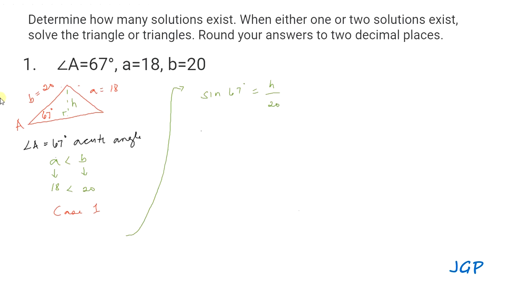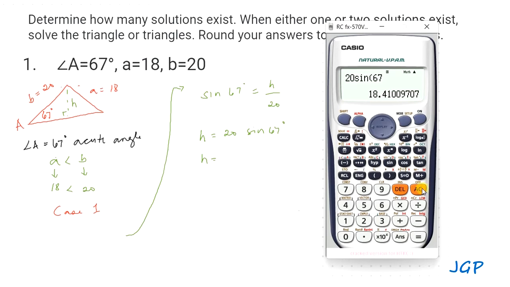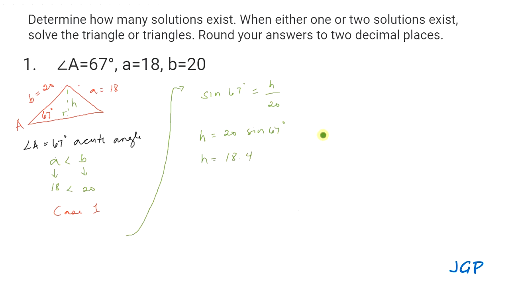And finding the h, we have now h is equal to 20 times sine 67 degrees. Let's use our calculator again. Make sure your calculator is in degree mode. So, 20 sine 67 is equal to 18.41.